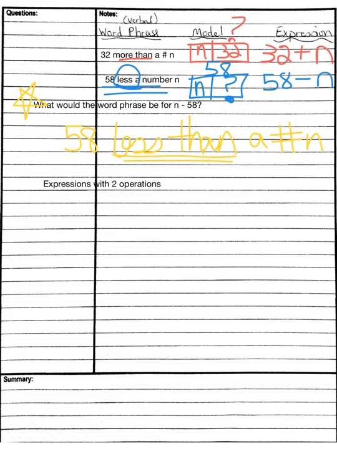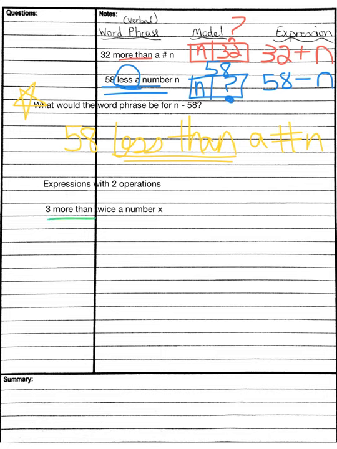So if I look at an expression with two operations, I might say 3 more than twice a number x. I'm going to type it out. So 3 more than twice a number x. So what this one would look like, let's talk this one through.